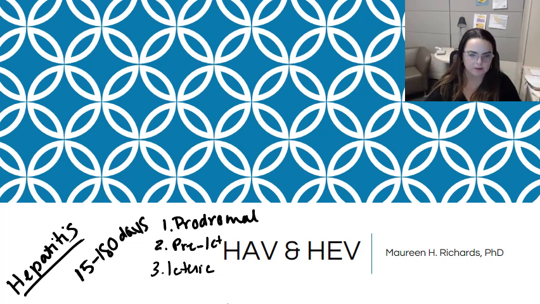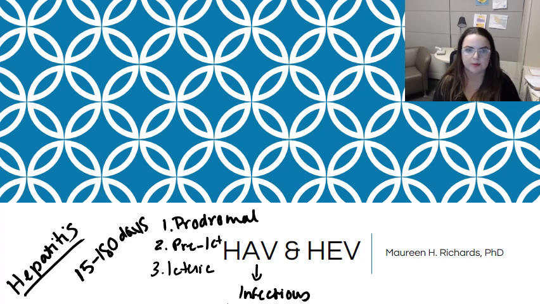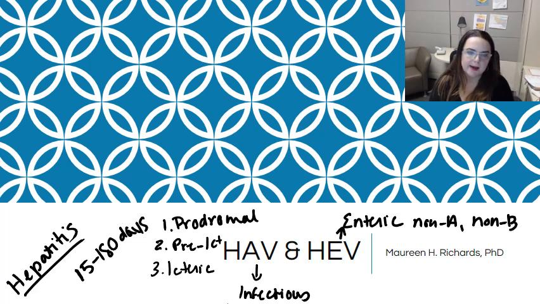In this video, I'm specifically going to talk about two hepatitis viruses, HAV, which is often known as infectious hepatitis, which is kind of a terrible name because technically all of the hepatitis viruses are infectious hepatitis viruses. And then HEV, which is sometimes referred to as enteric hepatitis or non-A, non-B. So really kind of terrible names for these guys.